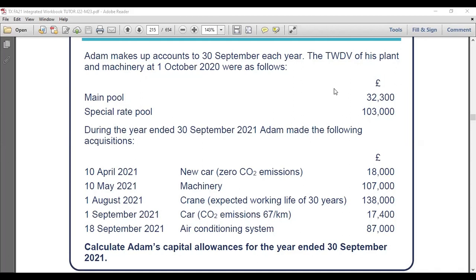Expected life 30 years, so it is considered a long life asset. A car with CO2 emission of 67, so this is above 50, again part of the special rate pool. An air conditioning system, an integral part of the building, again part of the special rate pool. So let's calculate the capital allowance.